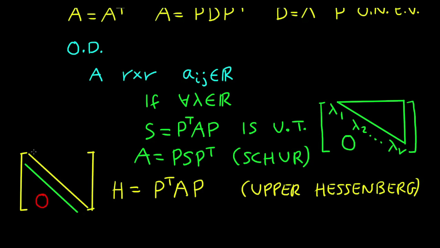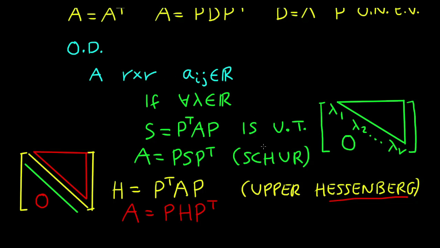And all entries above can be non-zero. So in this case A is equal to P H P transpose is the upper Hessenberg decomposition of A.